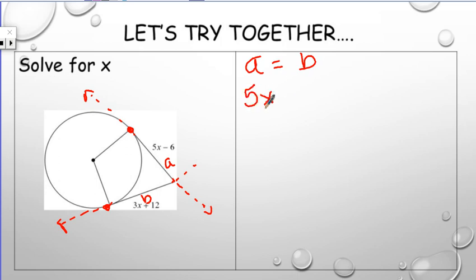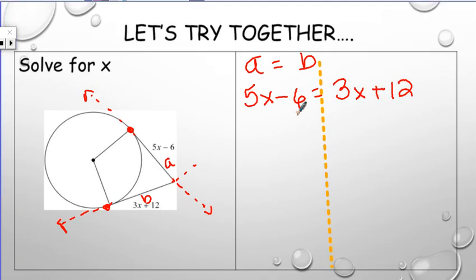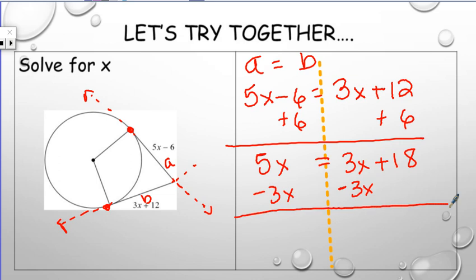So here I'm going to do 5x minus 6 should equal 3x plus 12. So I'm going to go through here and draw my little dotted line going down. And the rule says that I want the variables on the left and the constants on the right. And if I cross over this golden line, I change the signs. So I get 5x equals 3x plus 18 and minus 3x here. 2x equals 18.